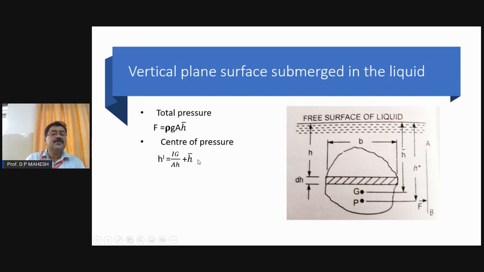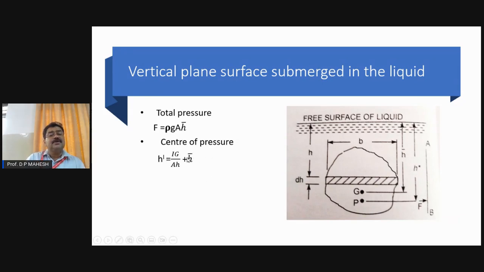Strictly speaking, total pressure and the center of pressure are not pressure. Total pressure is actually the force, whereas center of pressure is actually the distance. Center of pressure is the distance from the free liquid surface of the point of application of the total pressure. So h dash is different, h bar is different.